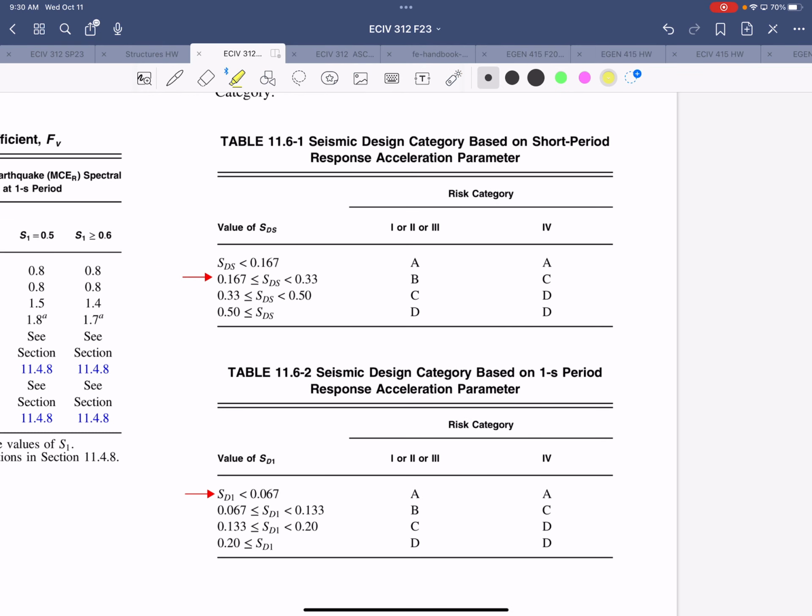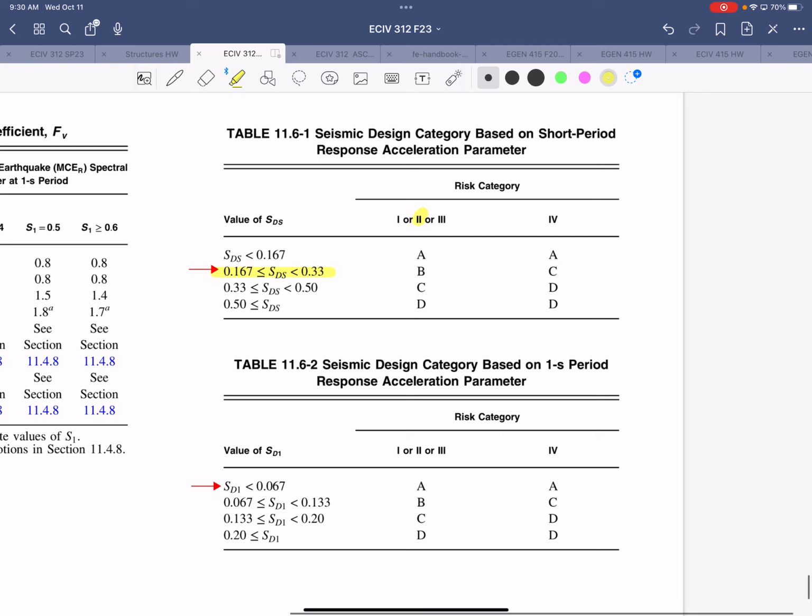All right, so for SDS between 0.167 and 0.33, and risk category 2, we get a seismic design category of B. And then remember, you have to check both tables and use the worst case. So here, SD1, we found to be 0.06, so that falls into that first line. For risk category 2, that tells us seismic design category A. So which one do we use? Right, we use B.